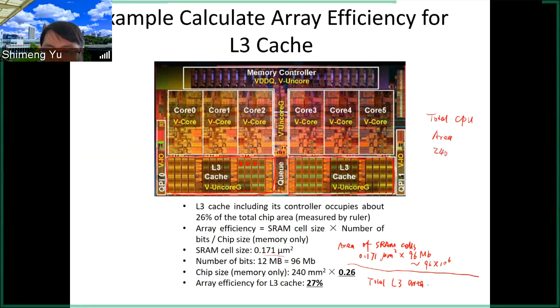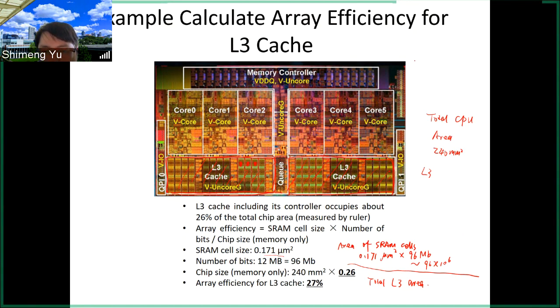It's 240 millimeter square. And for L3, we may have to use a ruler to measure the percentage of this L3 region over the total chip.